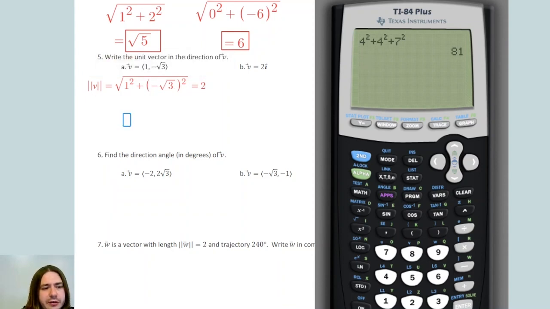So the unit vector in the direction of v is going to be each of those components divided by the magnitude. We've got the original vector, which is 1 comma negative root 3.